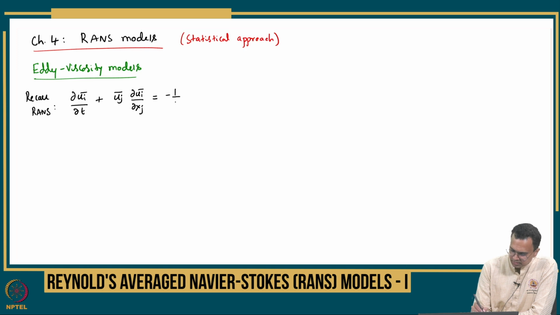you have the right hand side terms, pressure gradient term, and then I will write the two stress terms together. So I have the viscous part and the turbulent part.